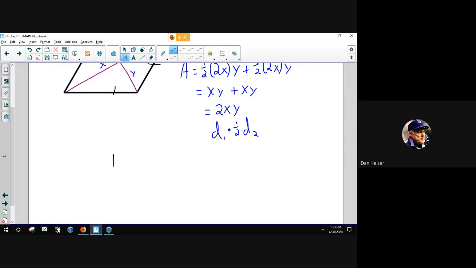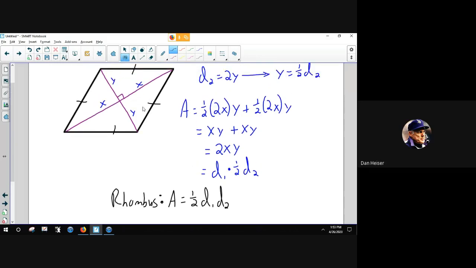For a rhombus, instead of using base times height all the time, an alternative formula is, if we rearrange these terms a little bit, I should put an equals there, 1/2 diagonal 1 times diagonal 2.